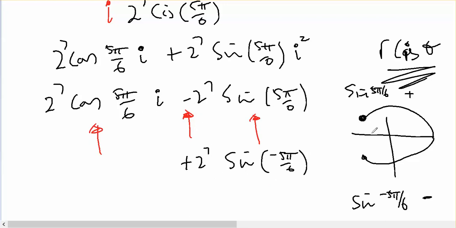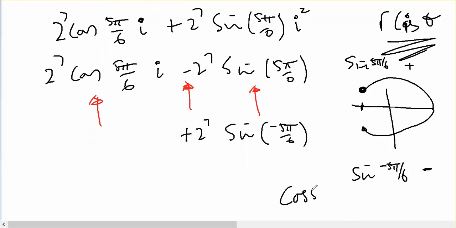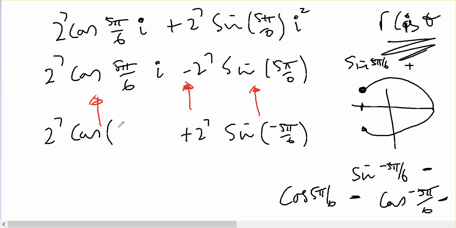But the cos of 5 pi on 6 is this x value. So the cos of 5 pi on 6 is negative, and the cos of minus 5 pi on 6 is also negative. So I can turn this one into the cos of negative 5 pi on 6, and it still is the same value.